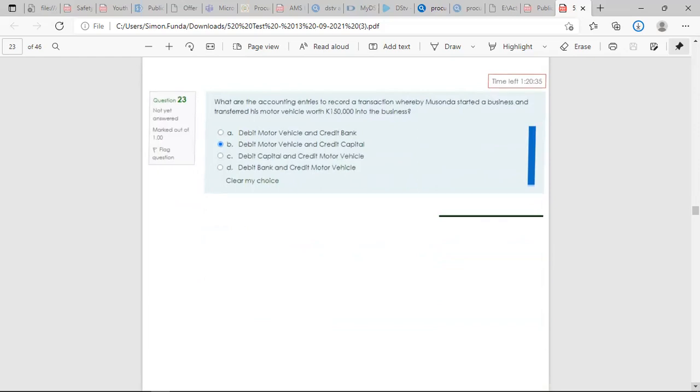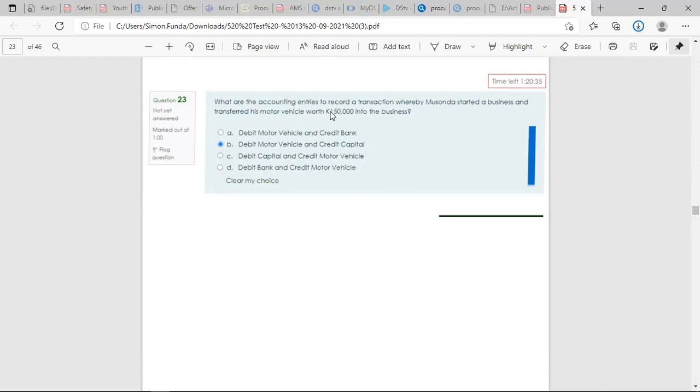As usual, you need to identify the two accounts or two ledgers that are affected by a transaction. So this is Mr. Musonda who has started a business and he has transferred his personal vehicle worth 150 into the business. So this is the capital for the business to start with.